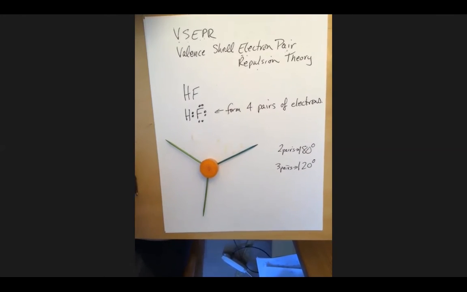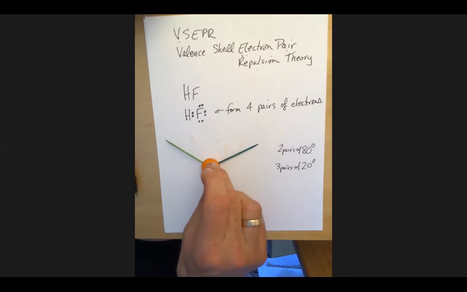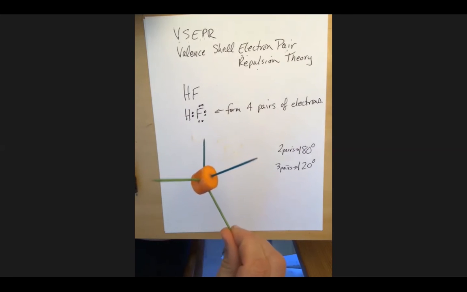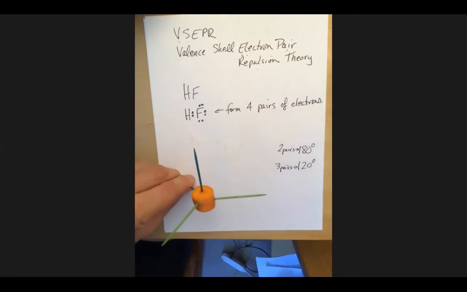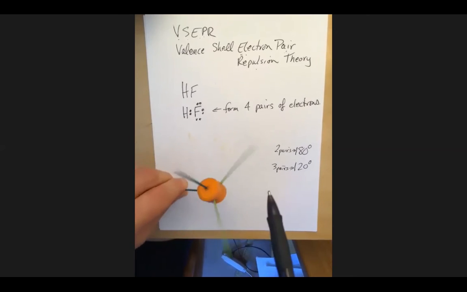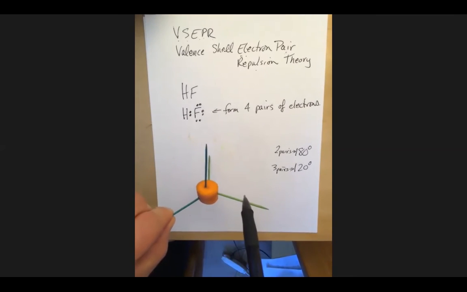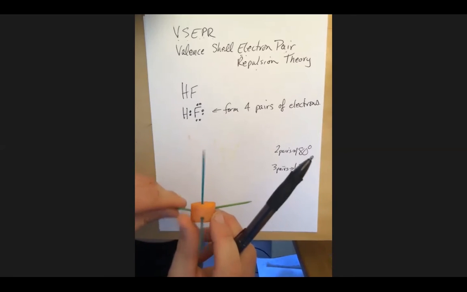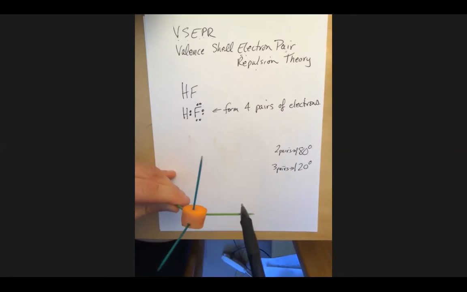Let's bring in a fourth pair of electrons because we're headed towards fluorine with 4 pairs of electrons. So I'm going to stick this one right in the top. Looks pretty promising. I've got 90 degrees, 90 degrees, 90 degrees.